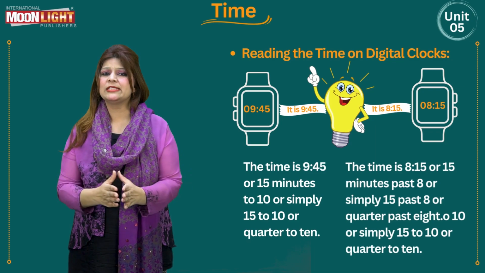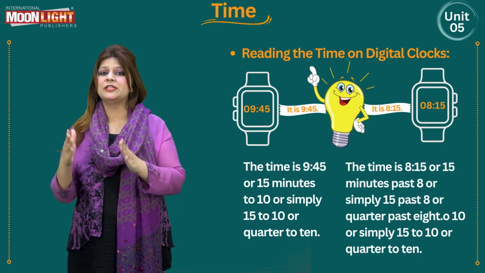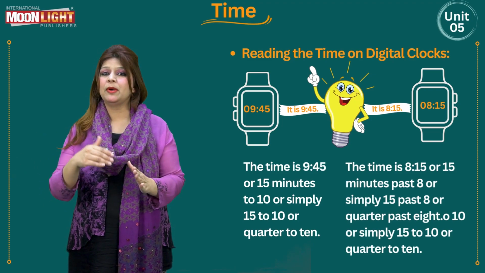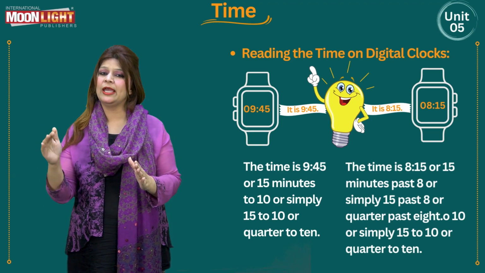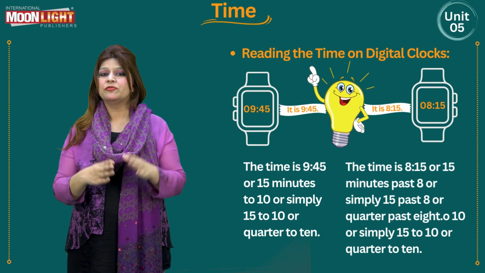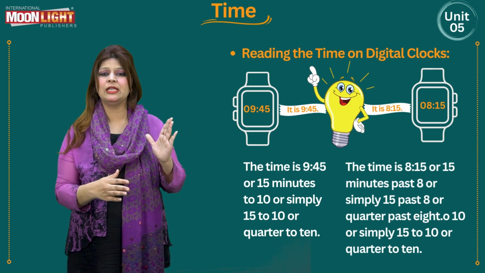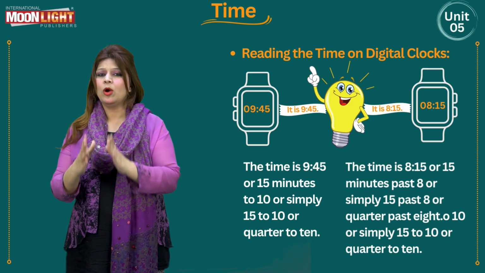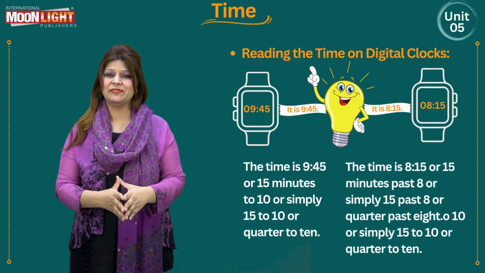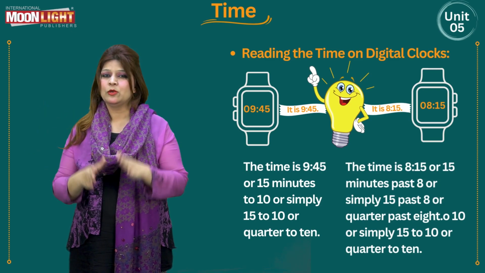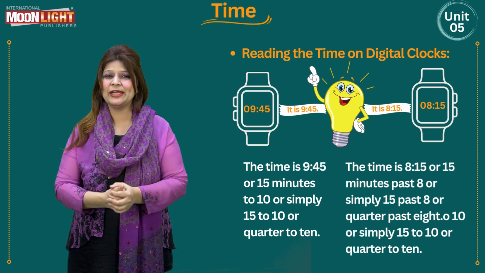So we say this is 15 minutes past. We are not going to say after 15, we say past. This is what has happened, it has gone by, past. So 15 minutes past 8, or simply 15 past 8. Or one more interesting thing, we say quarter past 8.